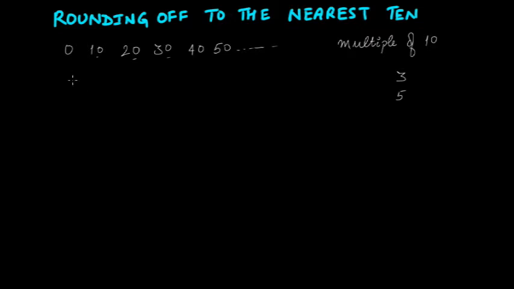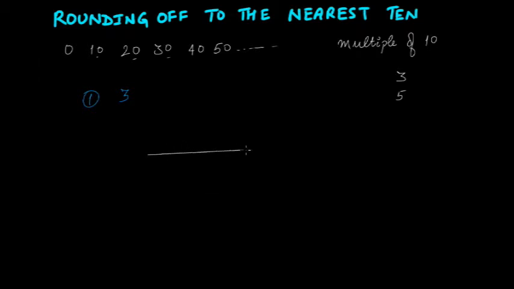So the first example is, suppose you're given a number 3, and now you are asked to round it off to the nearest 10. Let me explain it like this: suppose you draw your scale.